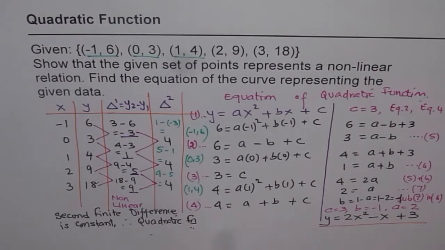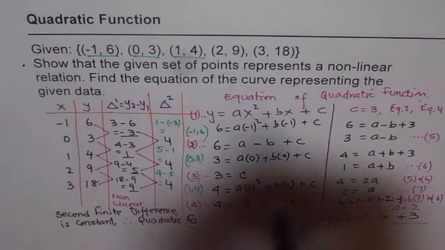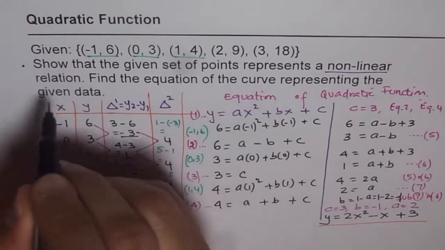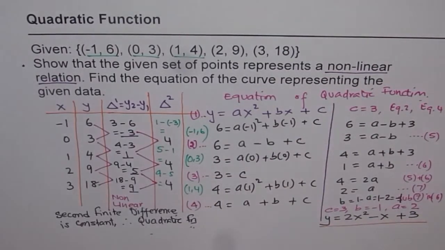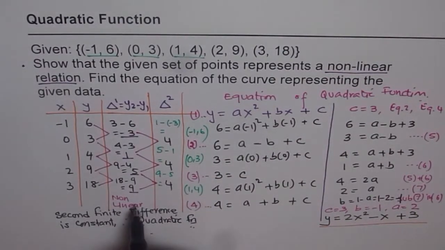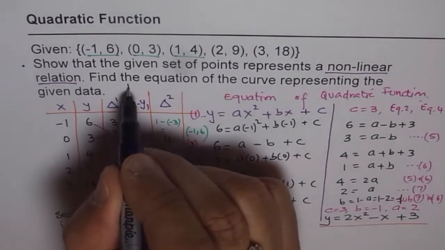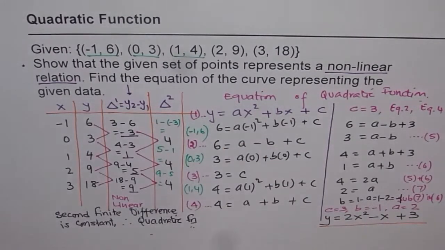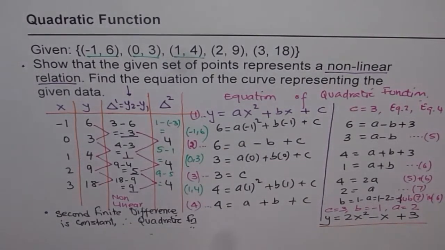Let's go through this process once again to understand what we really did. First part of this question was to show that the points represent a non-linear relation, right? So first part was non-linear relation. That really means that the first difference is not constant. So we got this, right?